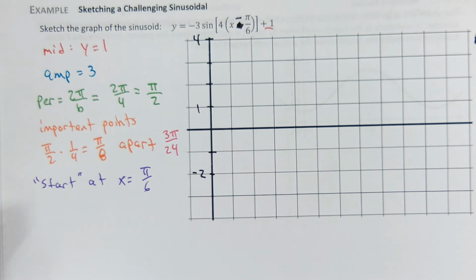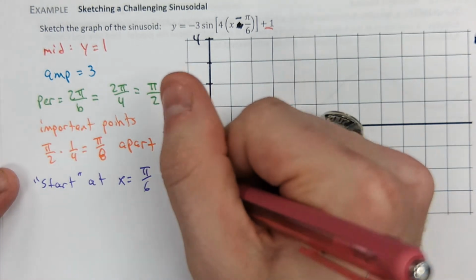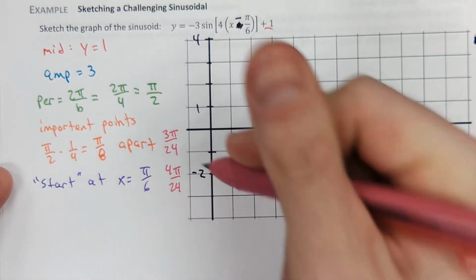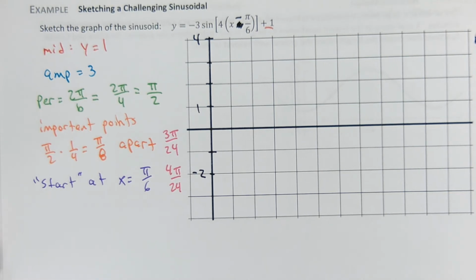And instead of saying we're going to start at pi over 6, no, we're going to start at 4 pi over 24. The period length then will be 12 pi over 24.